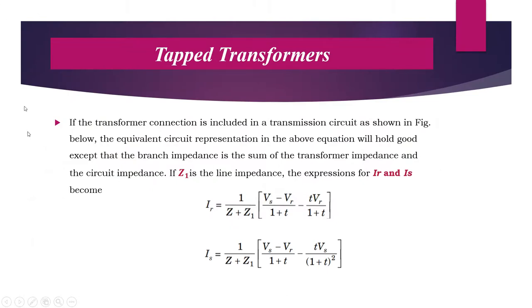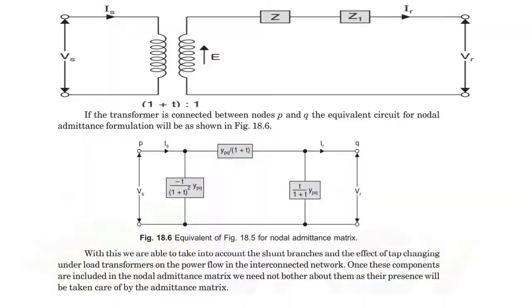If the transformer connection is between P and Q, so here we are assuming in this circuit diagram, I am taking the transformer connection between P and Q. For this we draw the equivalent circuit. Previously wherever Z was there, we can write this as 1 by Y. So YPQ by 1 plus T here, and here it will be minus T by 1 plus T whole square YPQ, and here it will be T by 1 plus T YPQ.